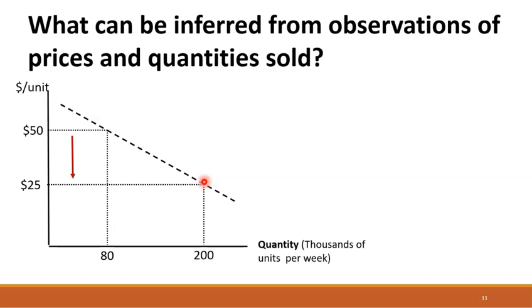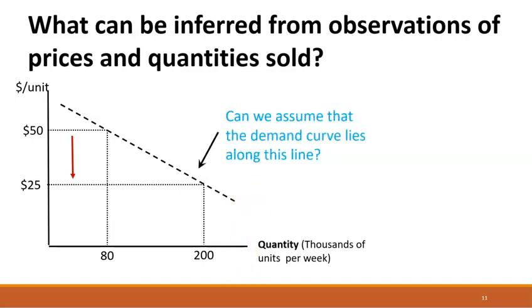Can we take those two price quantity combinations and just sketch out a demand curve like that? Well, as I said before, not necessarily. Maybe what's happened is that we're observing two different points on two different demand curves.